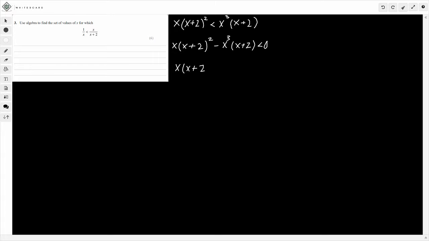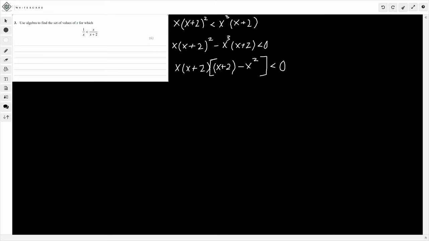Now what do I have to times this by? Well, I've got to times by one lot of x plus 2 to get x plus 2 squared. Sorry, I said x plus 1, that should be x plus 2. And what do I have to times by to get the other term? That's going to be minus x squared to give me the x cubed, and this is also less than 0.